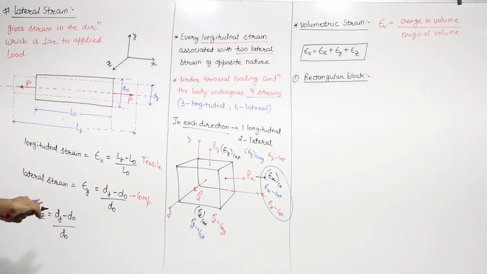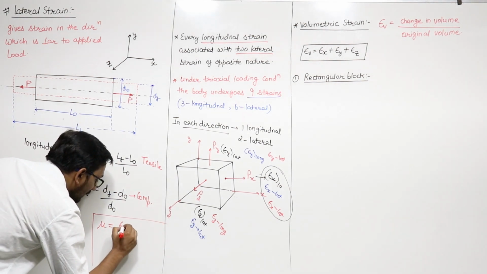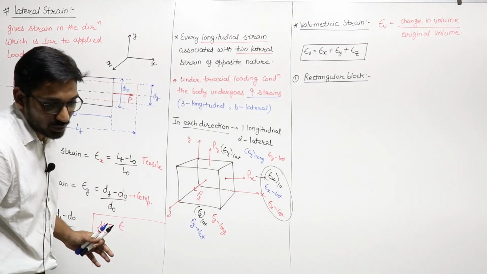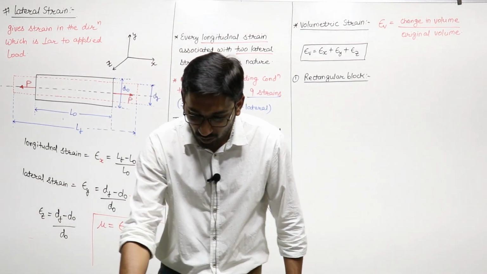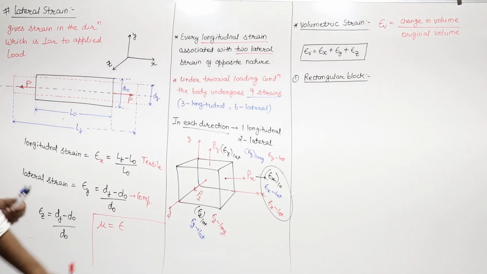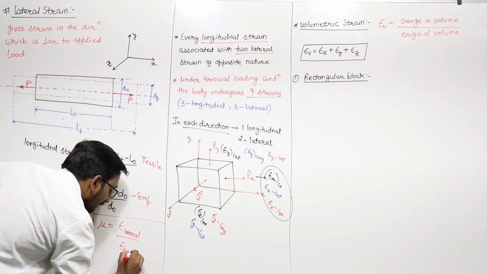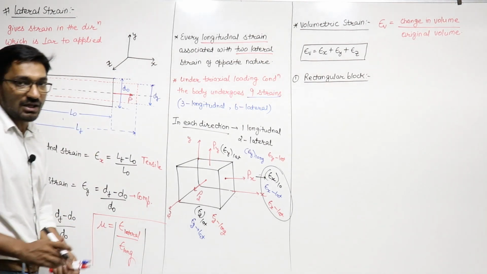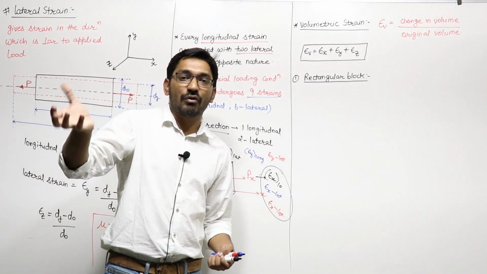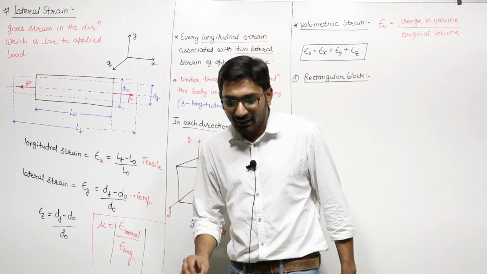And we know from our earlier discussions that the value of Poisson's ratio, mu, will be lateral strain upon longitudinal strain, right? We are taking the modulus of this, only magnitude we are discussing, because lateral and longitudinal are of opposite nature, but the value of Poisson ratio will be positive, so we are only taking the magnitude of it.